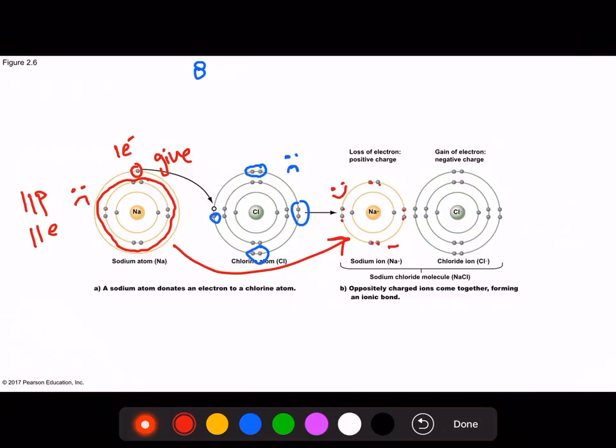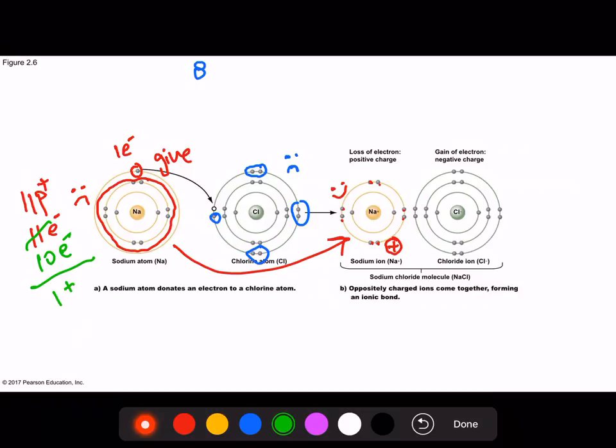But it is now positively charged. Why positively charged? Because it originally had 11 protons, but now it has 10 electrons. So the net charge now is 1 positive because we still have 1 extra proton. Atoms don't lose or gain protons. Protons are kind of their ID. They can't lose or gain them. But for electrons, it's easy.